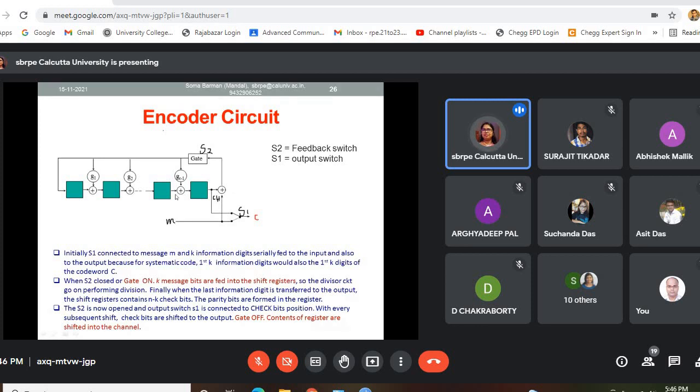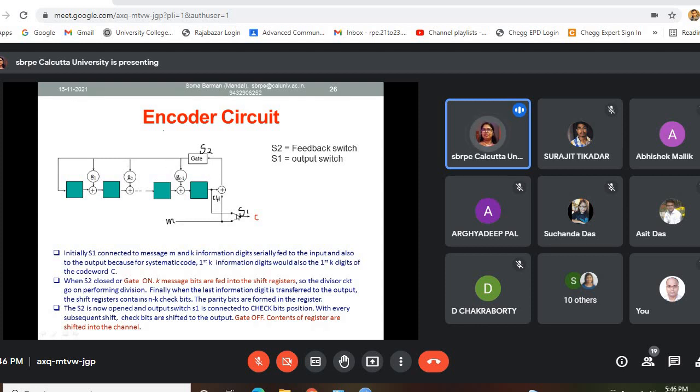Now this circuit contains the shift register or tapped delay filter, XOR operation or modulo 2 adders, and the generator polynomial, which is treated as a weight here.